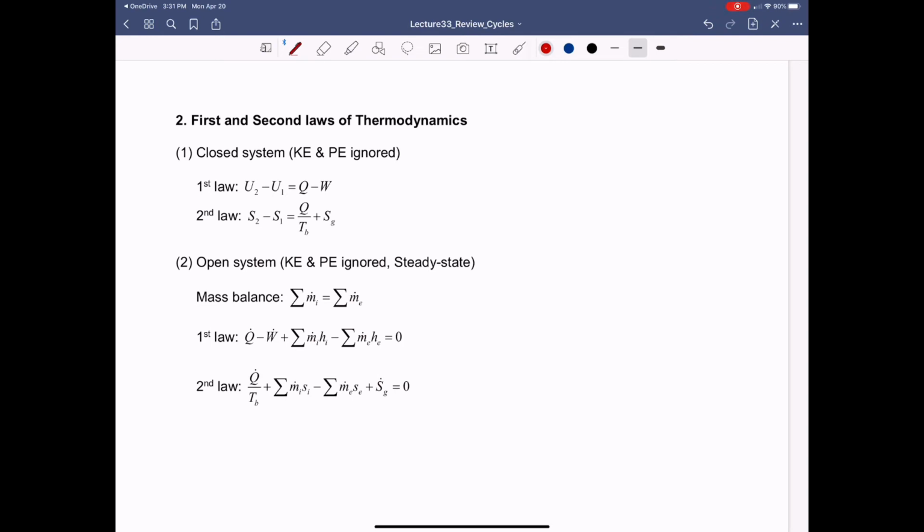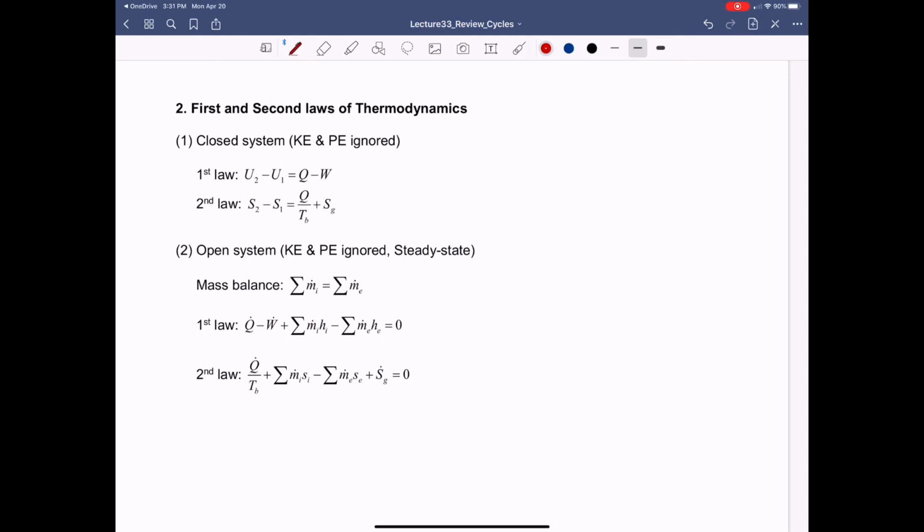That is power output, cooling capacity or heating capacity. And the second aspect you always have to focus on is how efficient your cycle is. So it is about the efficiency for heat engines, or the coefficient of performance, or in short, COP, for the refrigeration cycle or heat pump cycle.